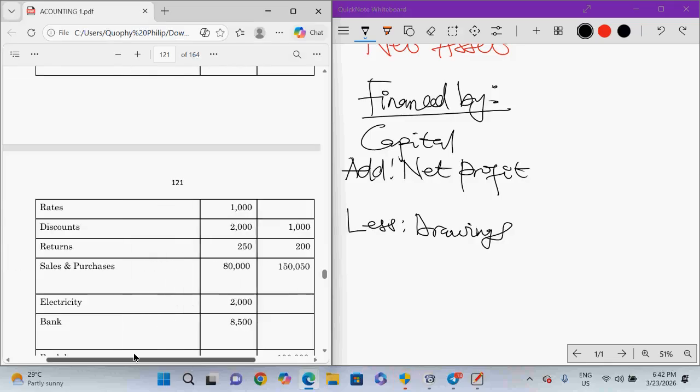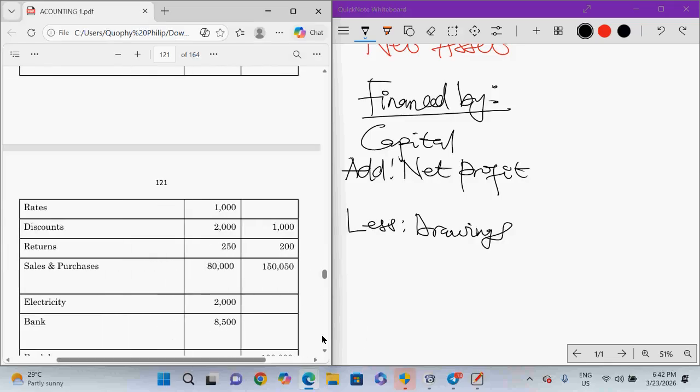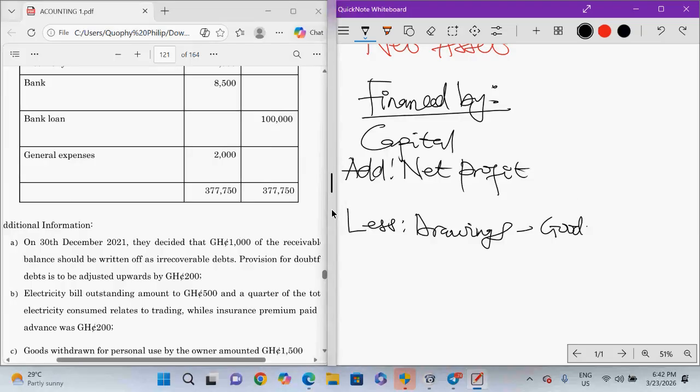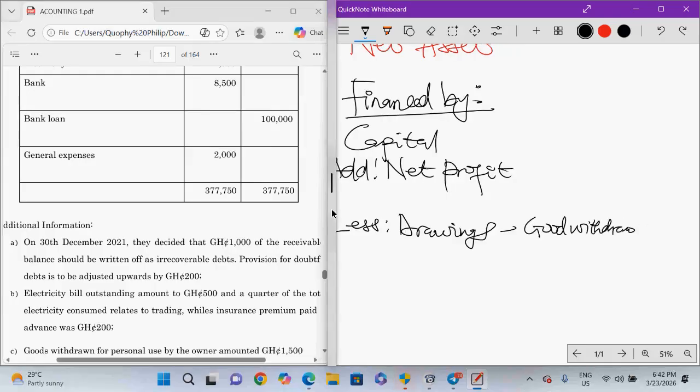We would have added the drawings given plus the goods withdrawn. Since there is no drawings, the only drawings will be the goods withdrawn, 1,500.